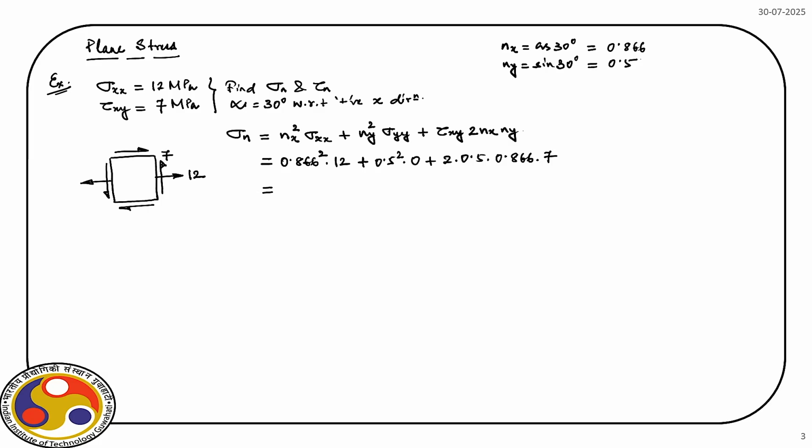So, if we estimate 0.866 square times 12, the first term is 8.99, plus we have 2 into 0.866 into 0.5 into 7, and that is 6.06.